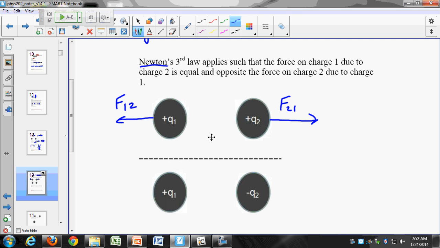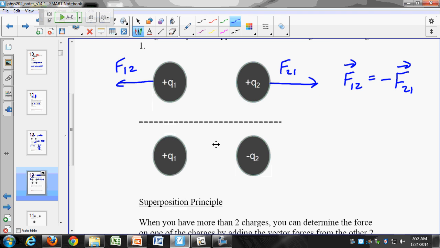And Newton's third law says in these field forces that when I have one force, I have an equal but opposite force. So F12 is equal to the negative of F21. That applies for all forces, but particularly for field forces. And similarly here, I would have F12 in this direction and F21 in this direction, and the same would hold true, that F12 would equal the negative of F21.